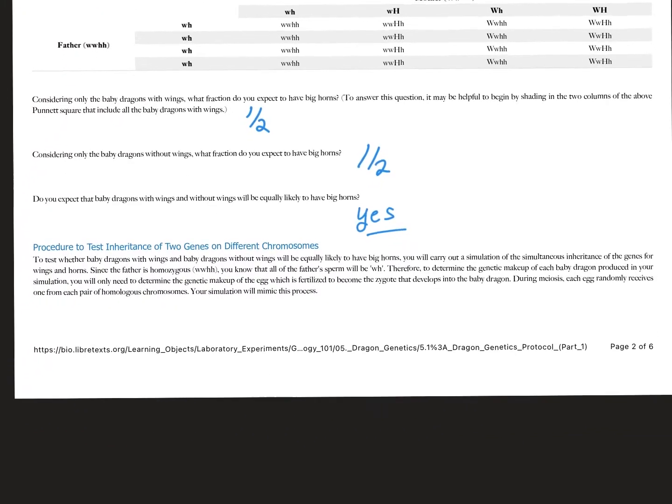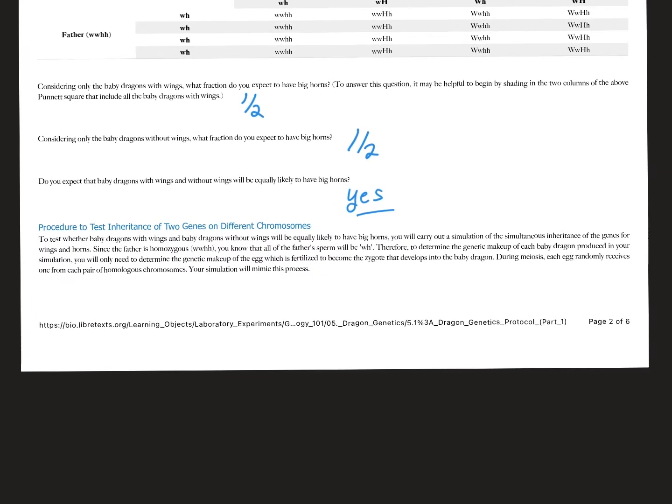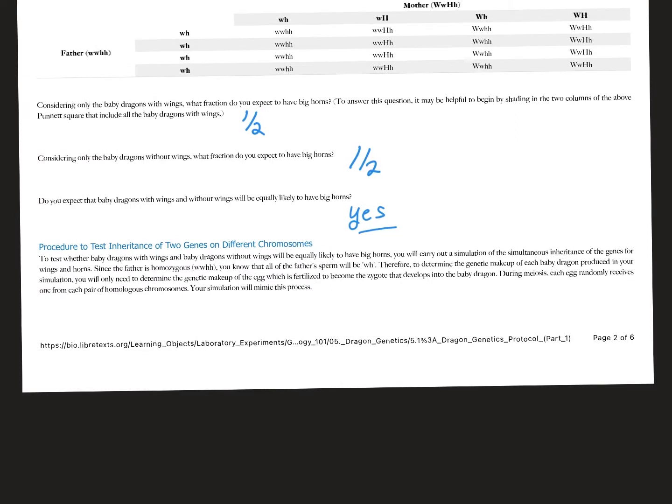To test whether baby dragons with wings or baby dragons without wings will equally have big horns, we will carry out a simulation of the simultaneous inheritance of the genes for wings and horns. Since the father is homozygous little w, little h, you know that all the father's sperm will be little w, little h.